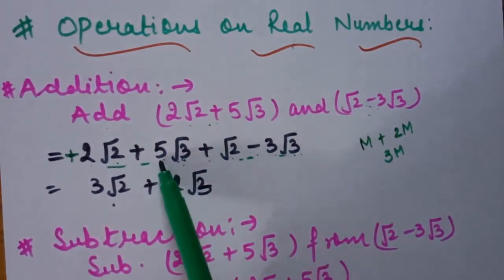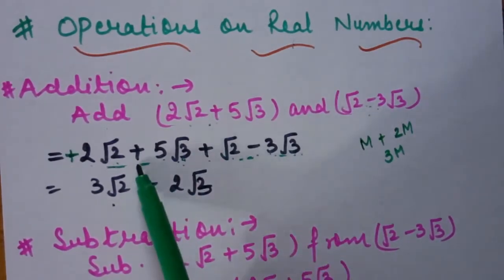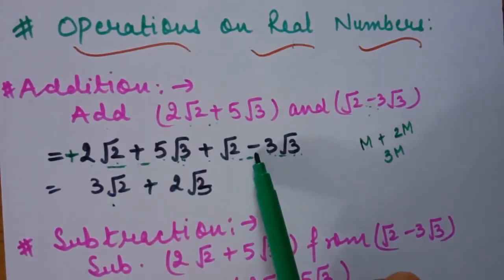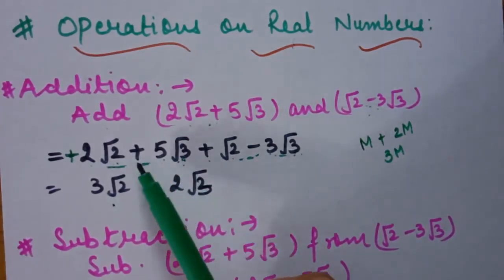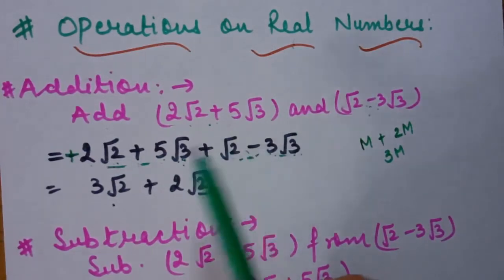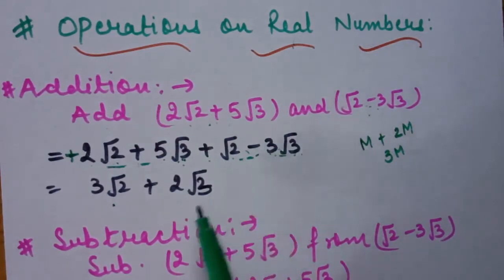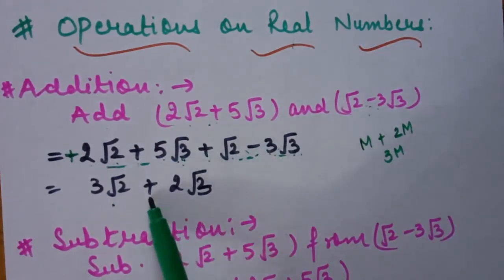Here we have 5 times root 3 and here we have 3 times root 3, but with different signs. So we will subtract them: 5 root 3 minus 3 root 3 gives 2 root 3, and the sign is taken from the bigger number.